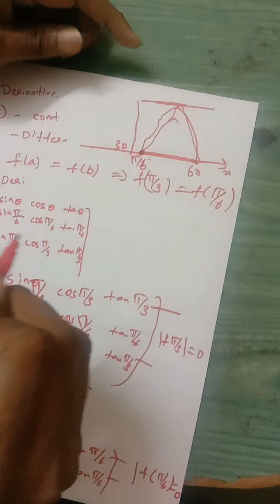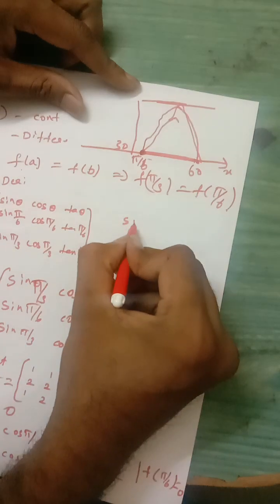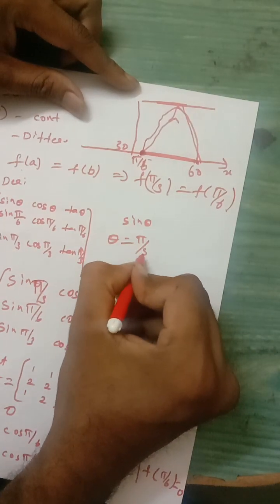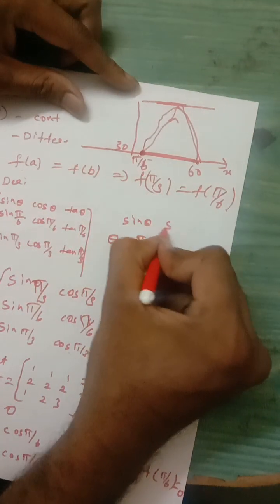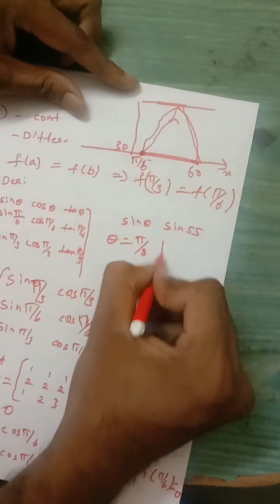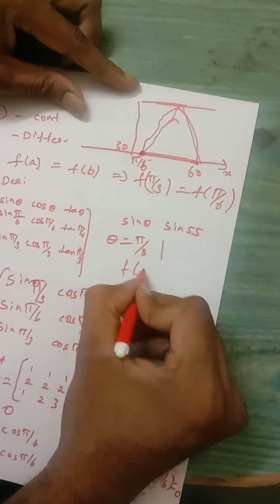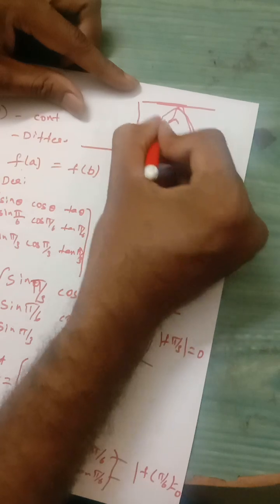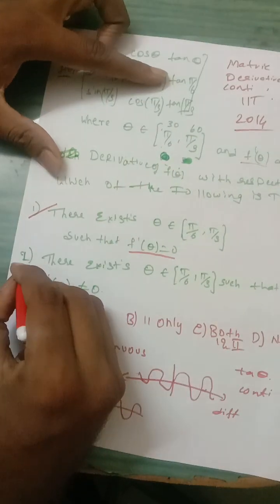If we take θ as something between these, like sin 55, the determinant of f(θ) will not be equal to 0. So there always exists such a point, and we have to consider this also.